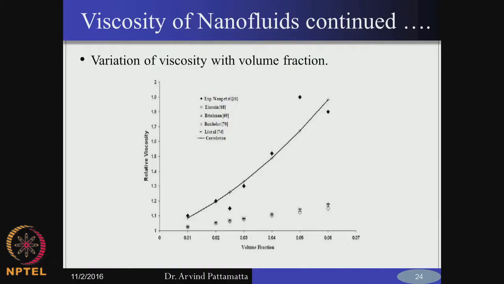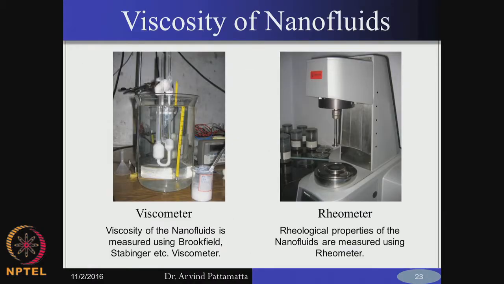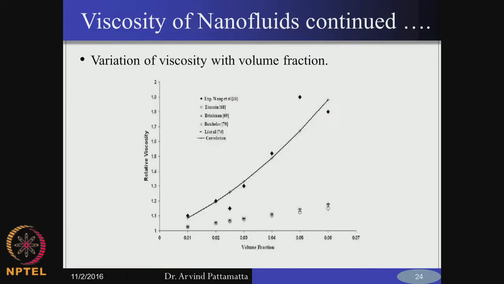So, we can use these like the way we measure thermal conductivity with a hot wire technique. We can measure viscosity of any fluid, need not be nanofluids, using either a viscometer or a rheometer, and we can get the effective viscosity. We can see that this is a very strong function of, once again, the volume fraction.